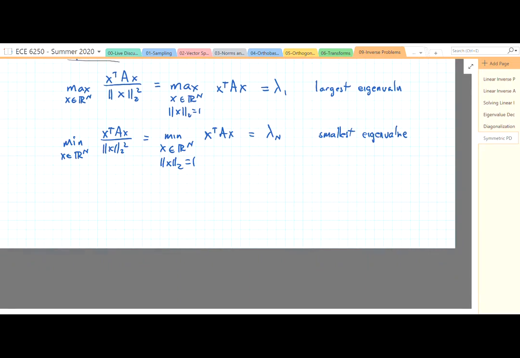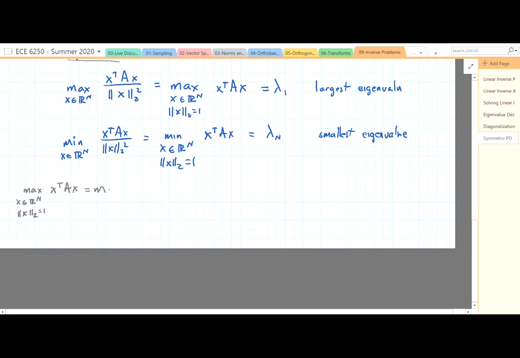Let's see, I've just got a little room. Let's see what we can do here. We'll go with the max. If we have the max equation from above, we get x transpose Ax.